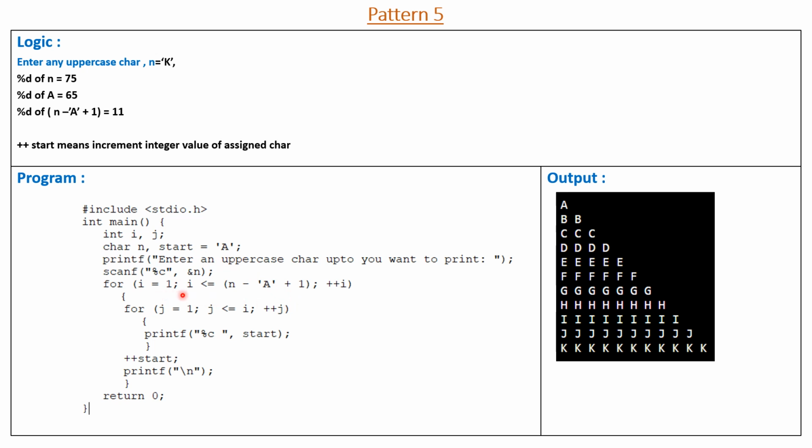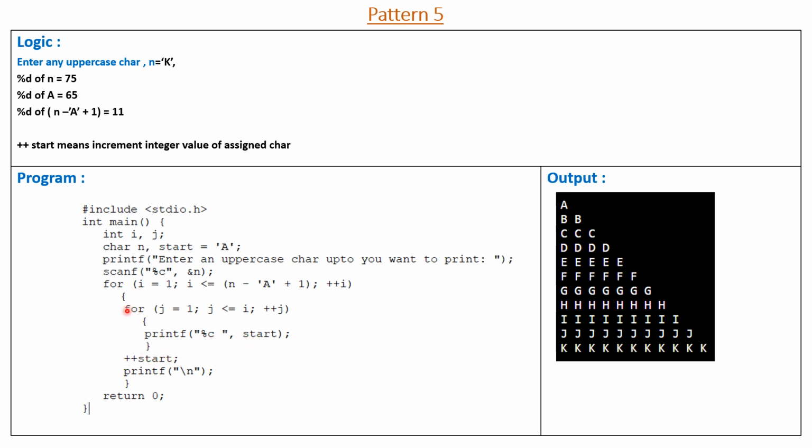I have written the row count for loop i equals 1, i less than or equal to 11, means this loop executes 11 times. In that I have written the column counter j equal to 1, j less than or equal to i, j plus plus, and I have printed the start. What is the value stored in start? A. So it simply prints A once.